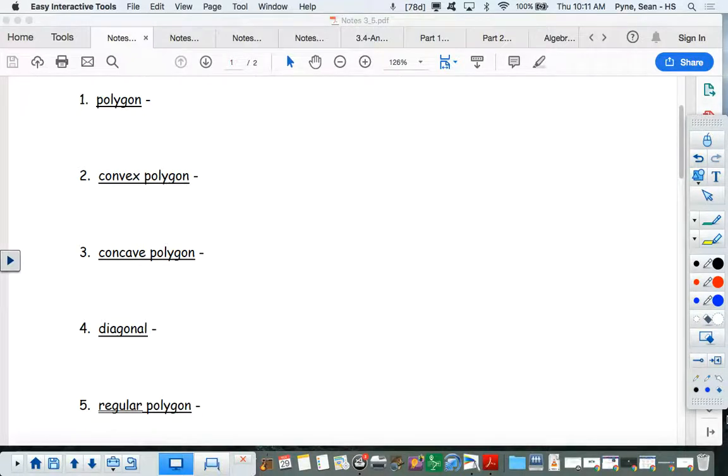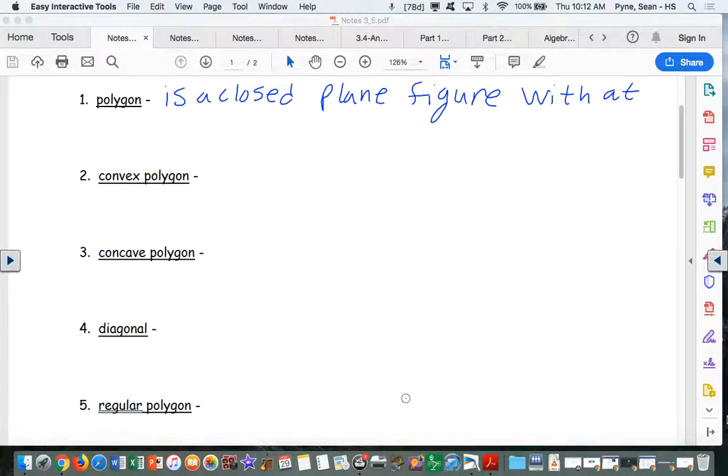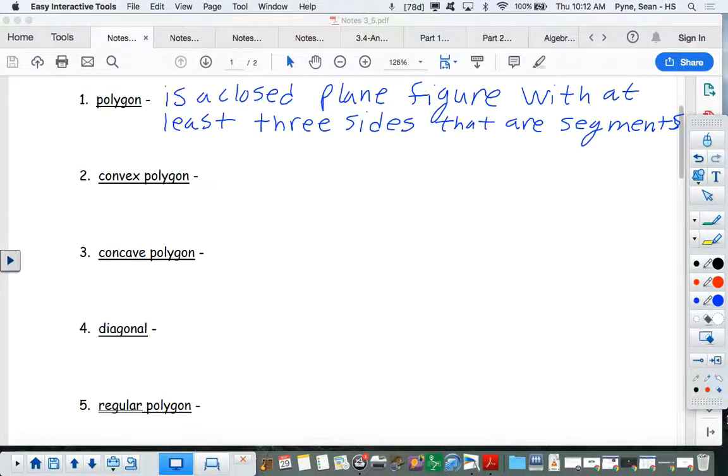All right, so a polygon, guys, is a closed plane figure with at least three sides that are segments.